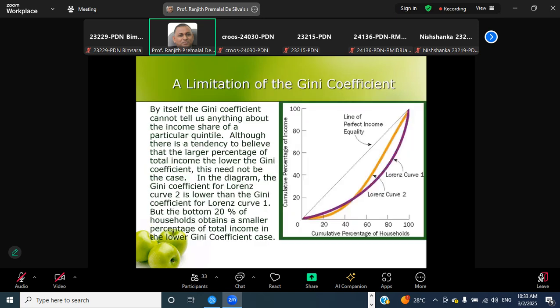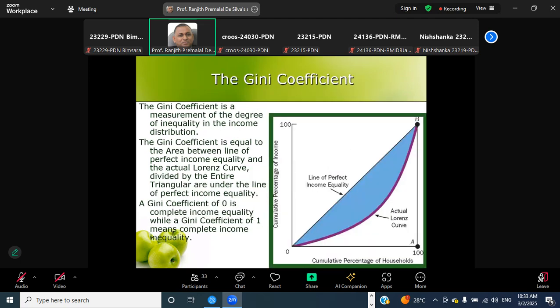That's how you get it. So if you look at this, you can see the Gini coefficient as the area of the blue color divided by the area of this triangle, 0AB triangle. That is the Gini coefficient. If you multiply it by 100, you get a 0 to 100 scale. Generally, the Gini coefficient is expressed as a fraction.